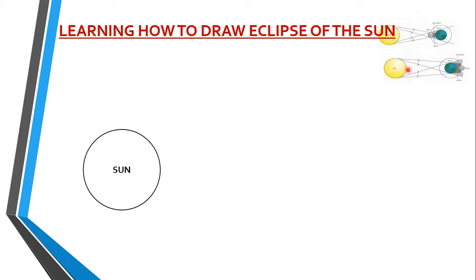Assuming there is an edge, it should be somewhere here, but it should be far away from the sun. So we'll now draw the moon neatly and label it.